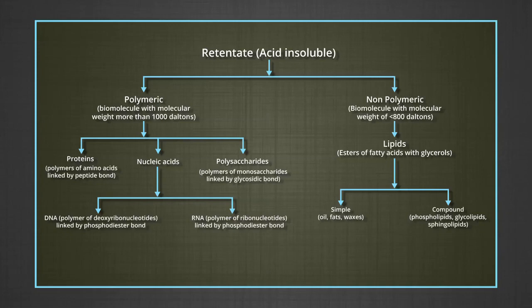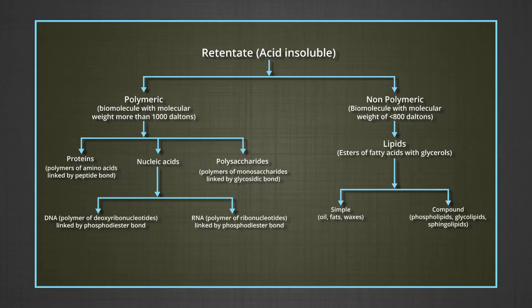Proteins are polymers of amino acids linked by peptide bonds. The nucleic acids include DNA and RNA. DNA is a polymer of deoxyribonucleotides, and RNA is a polymer of ribonucleotides. Both RNA and DNA are linked by phosphodiester bonds.